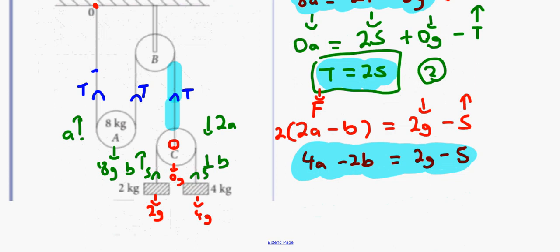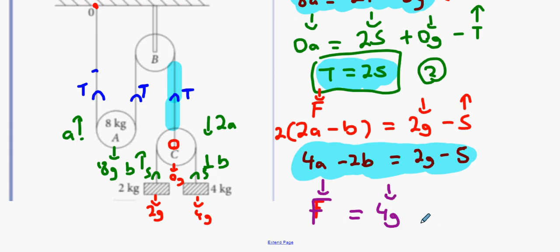Now, for the 4 kilogram particle, it's going down at 2a and b. So force is going downwards. I'll choose a different color. Force is going downwards. And what's causing it to go downwards is 4g, because that's its weight acting downwards.